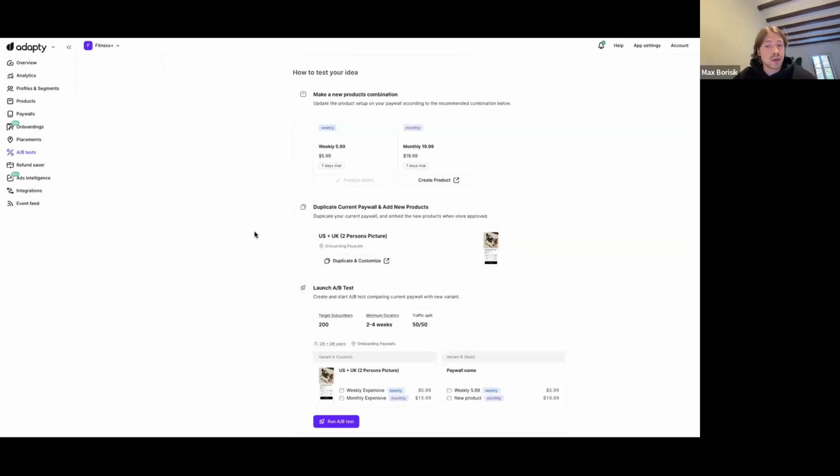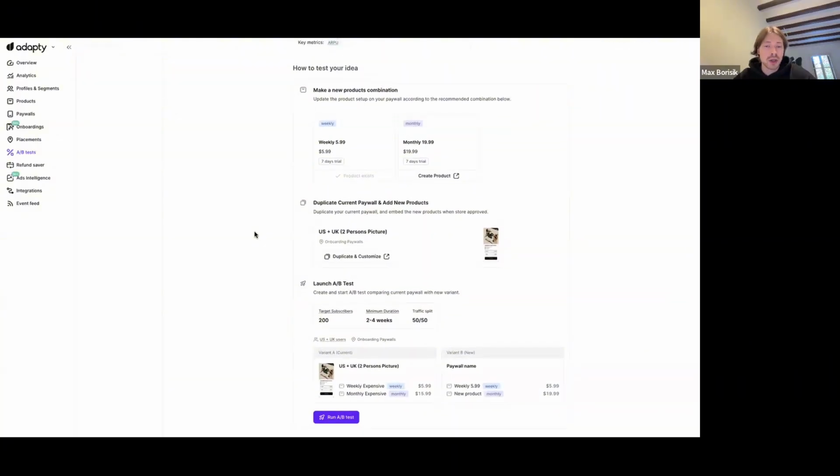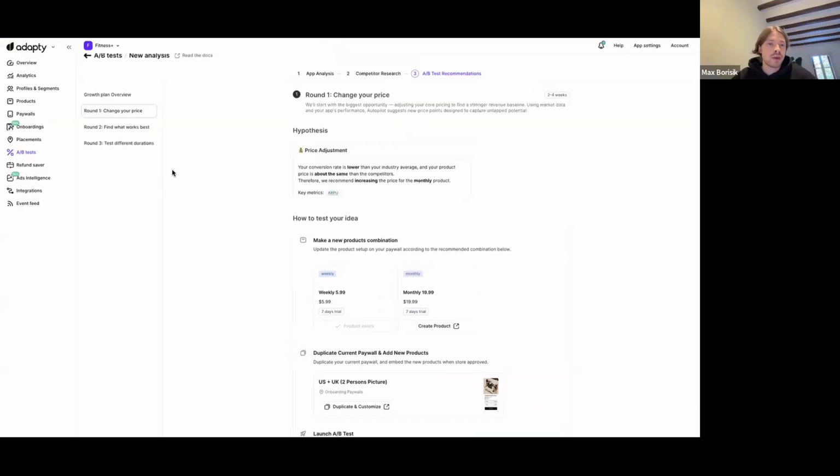And that's not where we stop, because yeah, you launched an A/B test, but you want to go further, right? You want to get the next steps. That's why, first, in the nearest future, we will add more recommendations on how to read the A/B test results and how to understand who the winner is properly. Then we have the other recommendations, right?